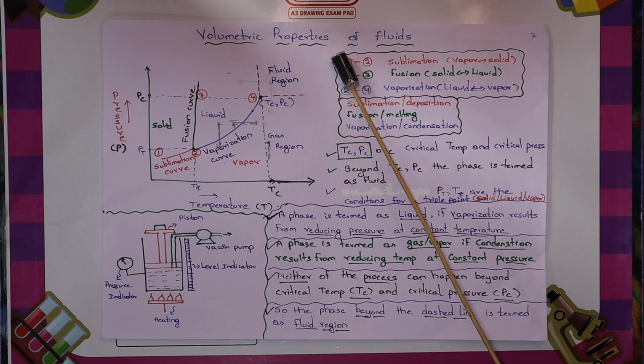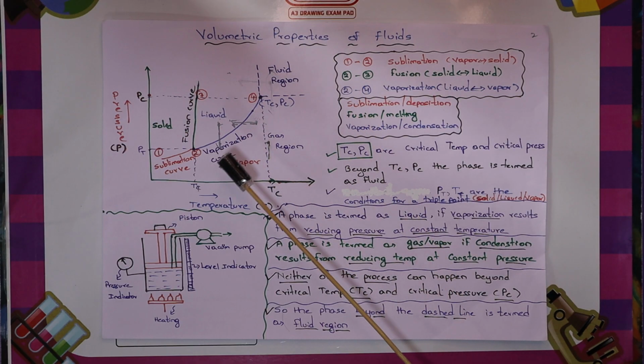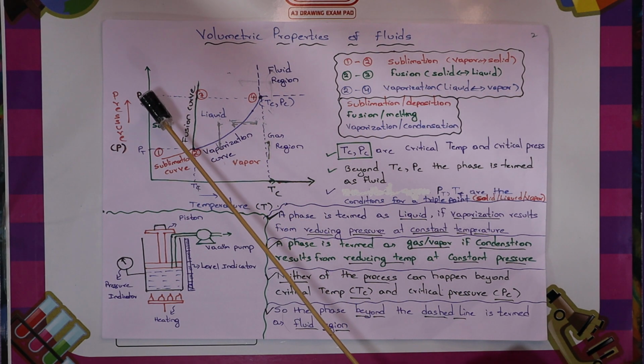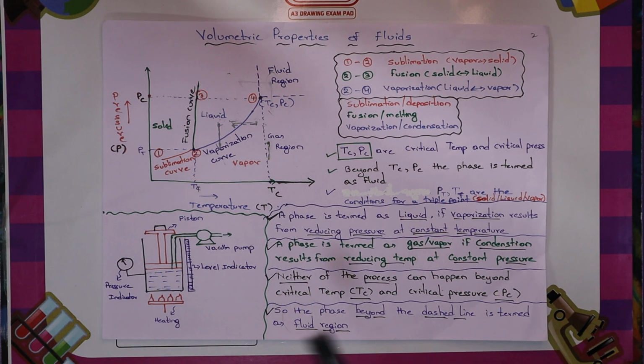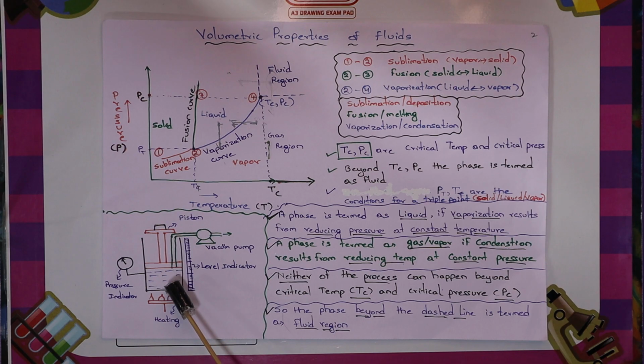In the first stage of the volumetric properties of fluids, there is a graph of pressure and temperature data. It's called the P-T graph. To understand thermodynamics, it gets simplified if you imagine a substance present in a piston and cylinder assembly. A certain amount of substance is present.